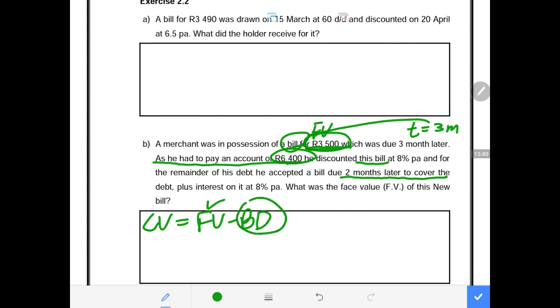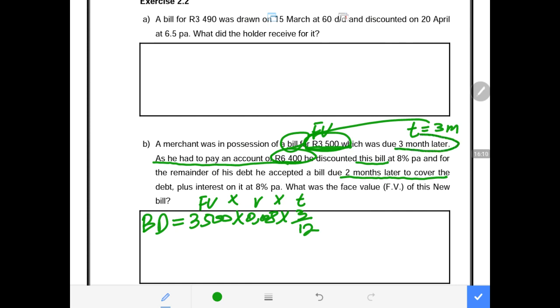Face value, we know that it is 3,500 rands. Then we say banker's discount is equal to 3,500, which is face value, times the rate 0.08, times T, of which our T is 3 months over 12. Remember, when your unexpired period is in months, we divide by the number of months in a year. But when your unexpired period is in days, you divide by the number of days in a year.